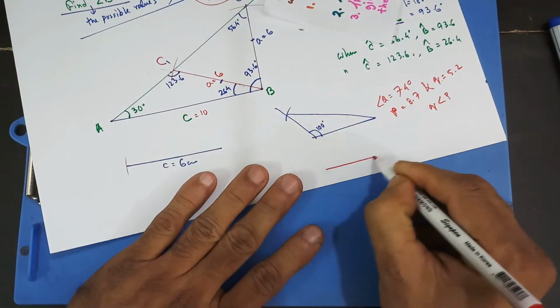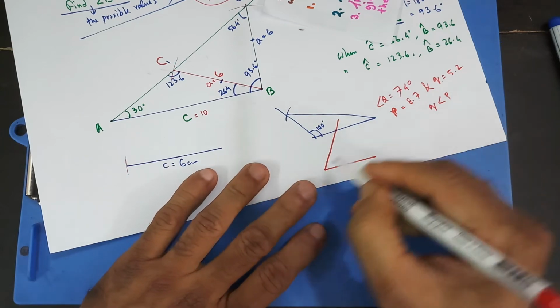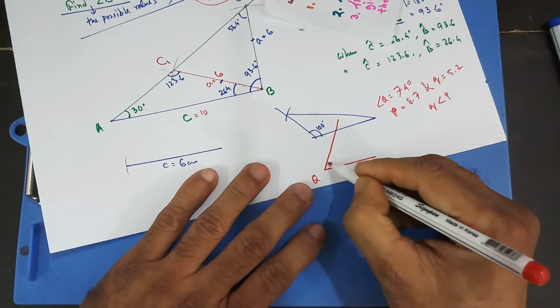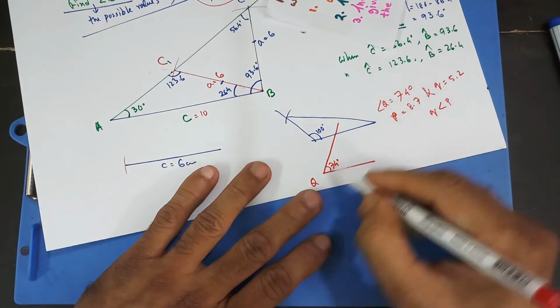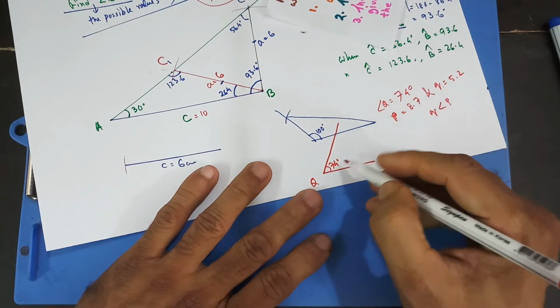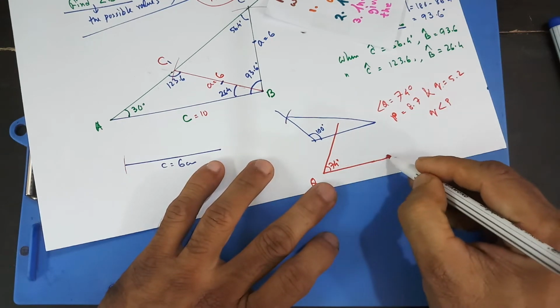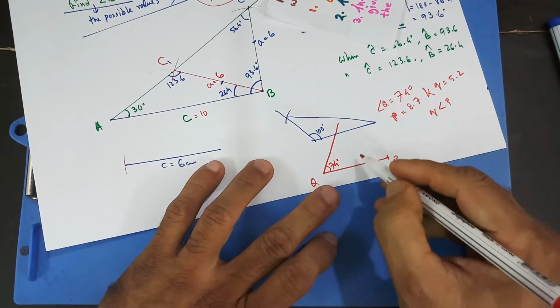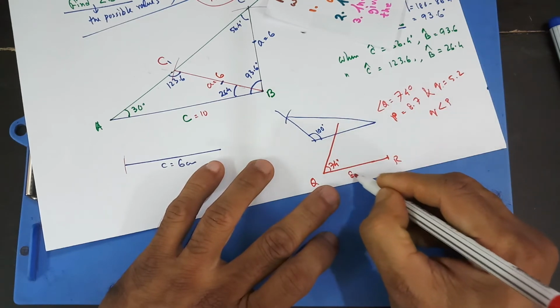I'm going to draw a sketch. That's going to be something like 74 degrees, and this is my Q, and this is 74 degrees. Then q is opposite of that, so P should be somewhere over here. Let's say this is R, and this is going to be P, so this is 8.7.